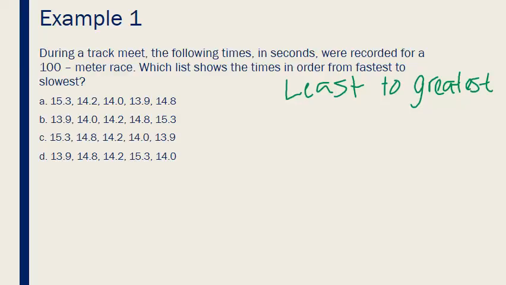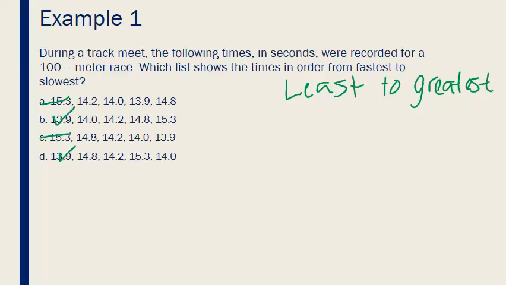Then, what are some strategies you and your partner used to eliminate some of your answers? You took out A and C. Why is that? Because 15 and 3/10 is greater than 13 and 9/10, correct? Good job. So you know your answer is either B or D. So you know that 13 and 9/10 is the smallest number there.